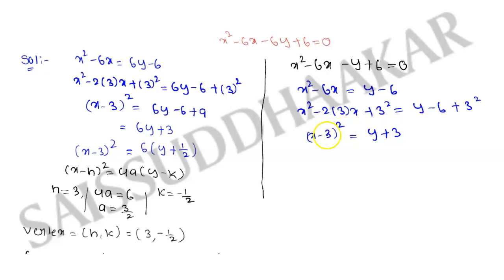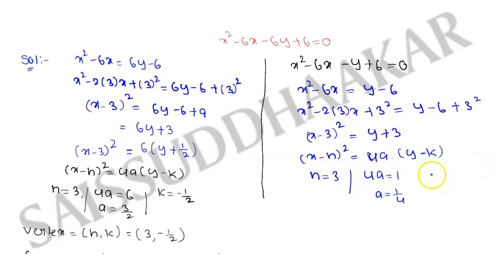So here again I need to compare with our formula, x minus h whole square is equal to 4a into y minus k. By the comparison I get h value 3, and 4a value here is 1, a is equal to 1 by 4, and k value is minus 3.